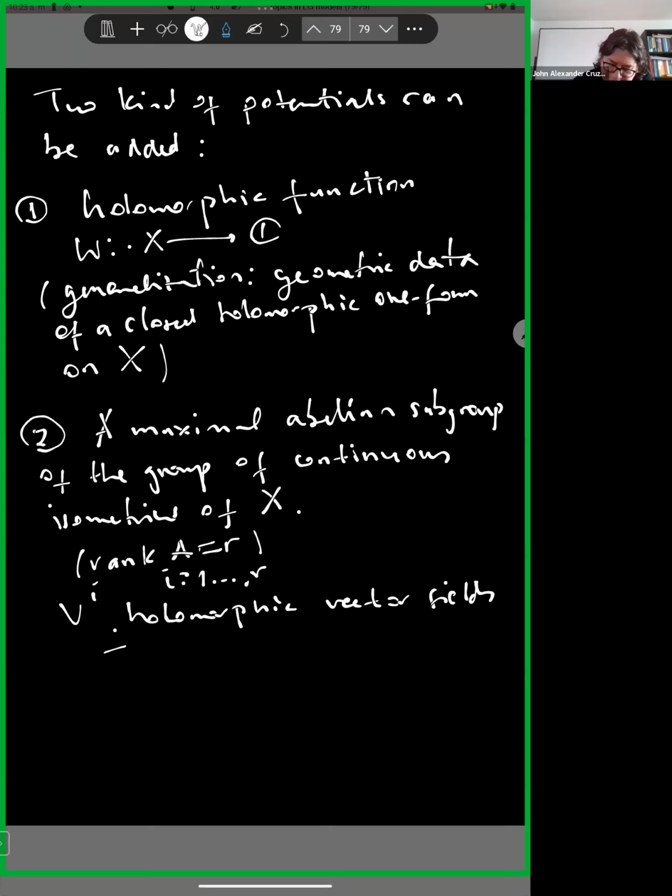It generates A, and they actually commute. Okay, so we have that.